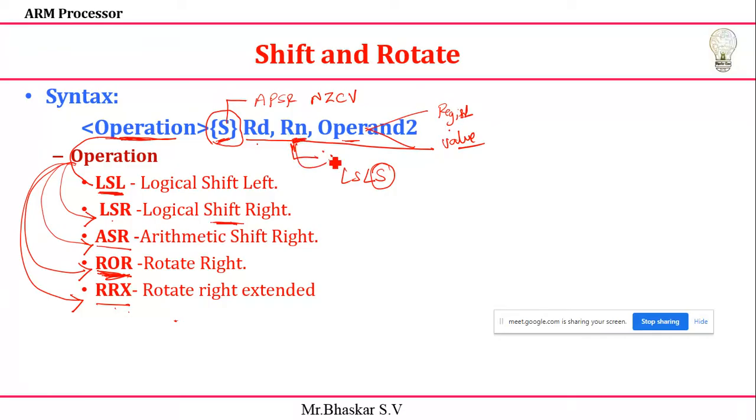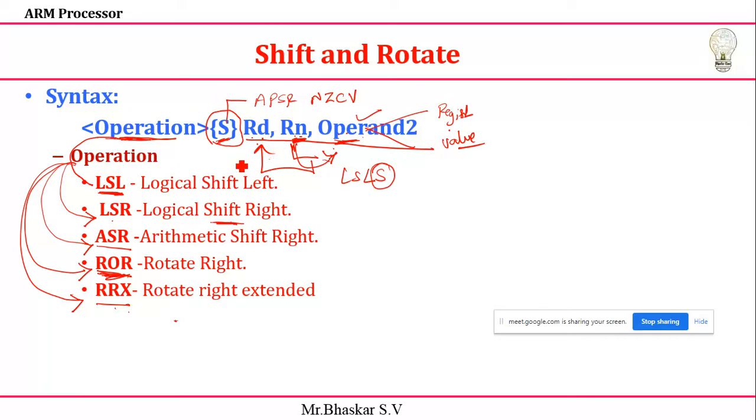The source value will be left shifted or right shifted or processed based on this value, and the result will be stored in my destination register. You have two source registers under that. This is the destination register. The source register value will be changed based on this condition, and the result will be stored in this first register, the destination register.